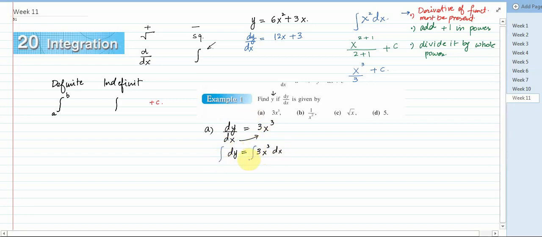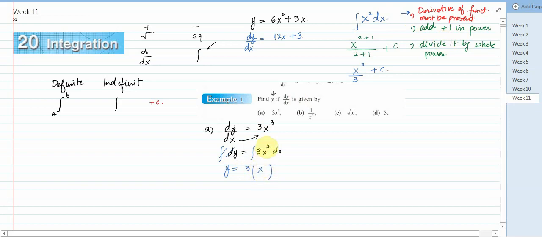So I apply the sign of integrate on both sides. On my left side, integrate and differentiation cancel, so the leftover part is y is equals to 3 act as a coefficient, it will be outside the sign of integration, and now we need to integrate that function. So what the steps are, add 1 in the power.